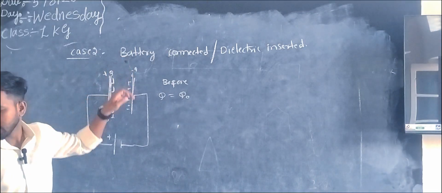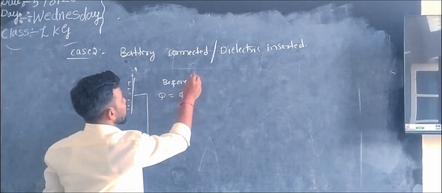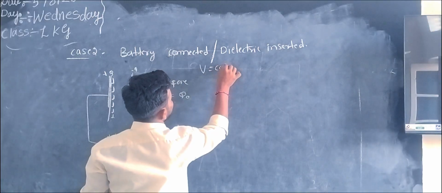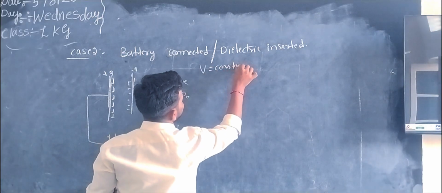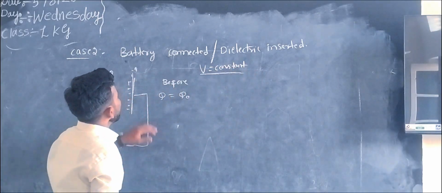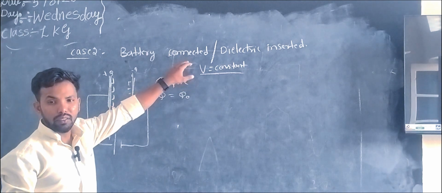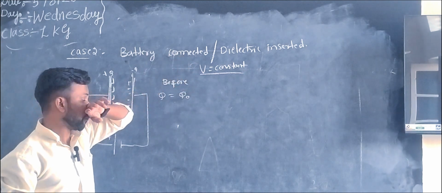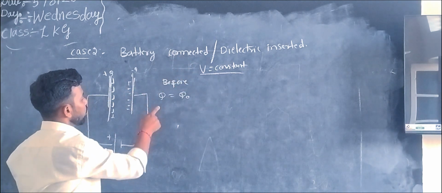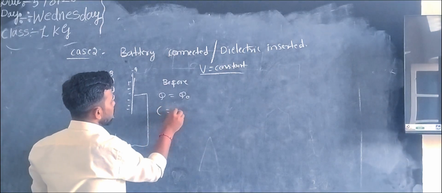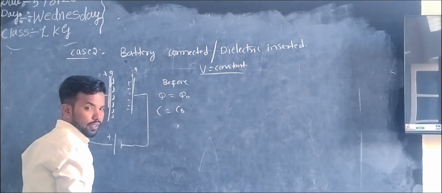Here, the voltage is constant, the potential is constant in this case. Battery connected or dielectric inserted, then you know voltage or potential is constant. Q is equal to Q0, C is equal to C0. Right?